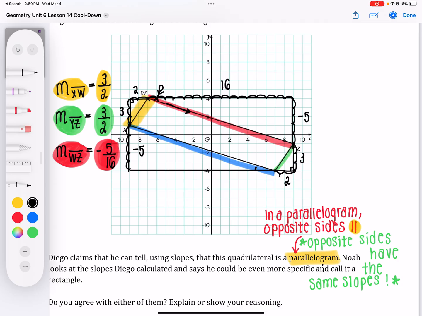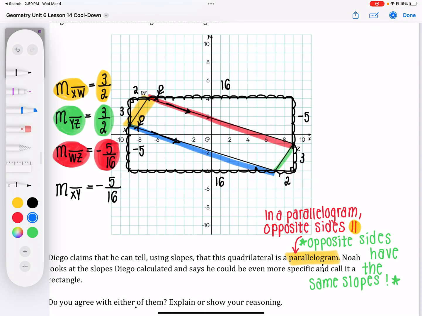So I'm going down 5. It's also a negative slope because if I put my person on the left-hand side again, it's also sliding down. And I'm going to calculate my run: 1, 2, 3, 4, 5, 6, 7, 8, 9, 10, 11, 12, 13, 14, 15, 16. So the slope of line segment XY is also negative 5 over 16.